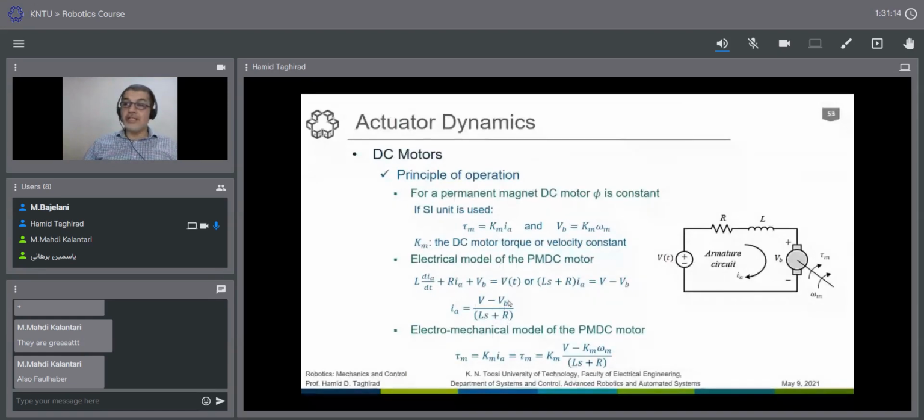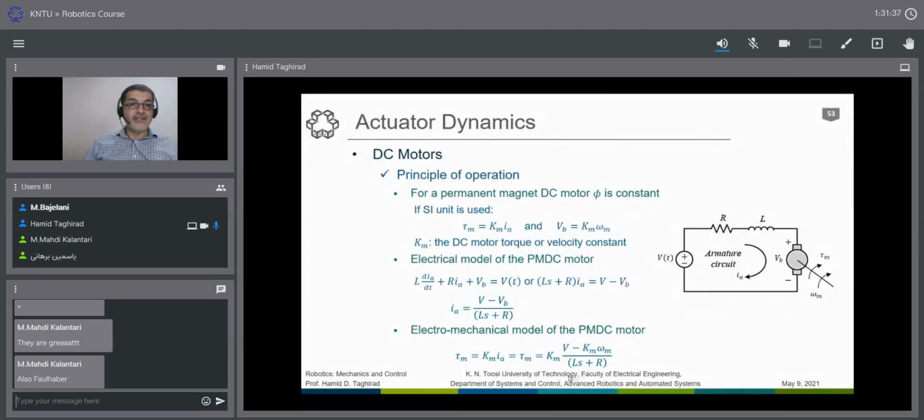VB is basically the back EMF voltage, which is related to the velocity. Now, if we multiply by Km and replace VB here, we can see that the torque generated by the motor is equal to Km V minus Km omega M.